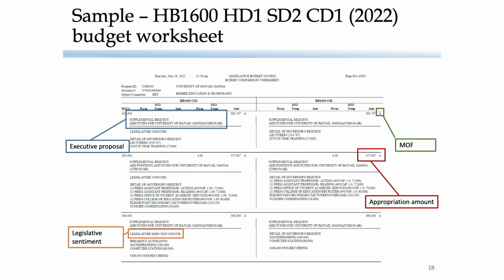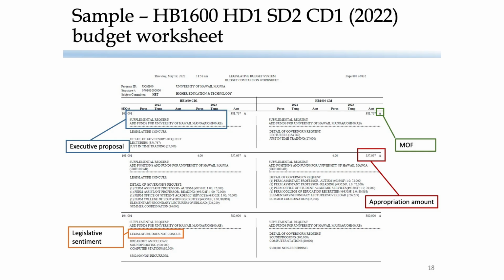Here's a sample of what a budget worksheet would look like. Now, the budget worksheet is actually longer than the budget bill document itself. It has a lot more details in there. And the way it is presented in 2025 is probably not all that intuitive when you look at it.